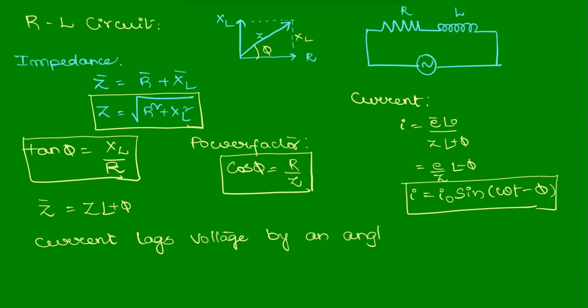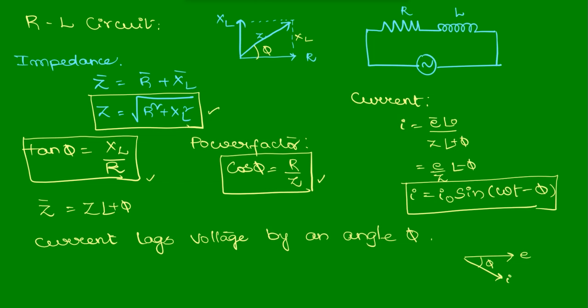If they ask us to find phi, you can use this equation or this equation, and Z you can find using this equation. And the corresponding phasor diagram, you can draw like this: E and I, and the phase difference will be phi.